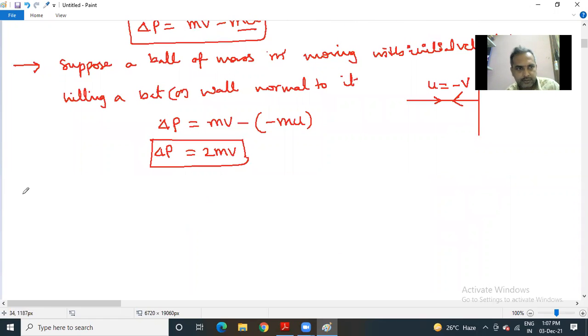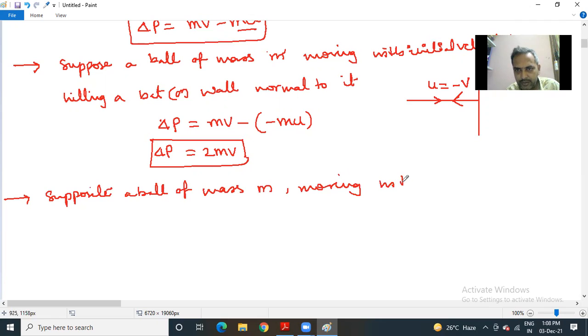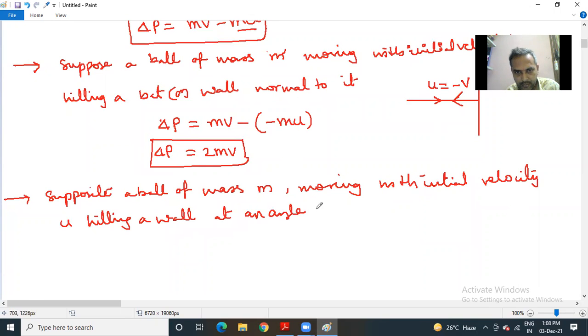Next, suppose a ball of mass m moving with the initial velocity u hits a wall at an angle theta with the normal drawn to the wall.